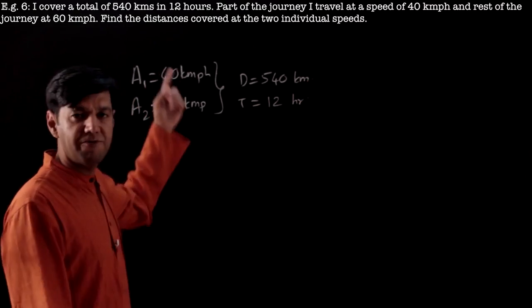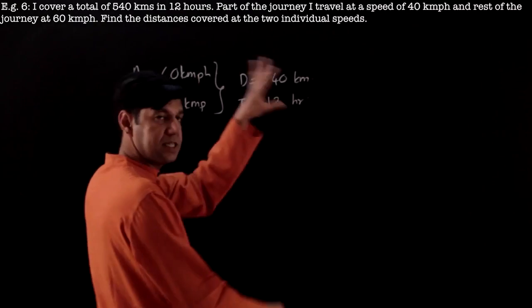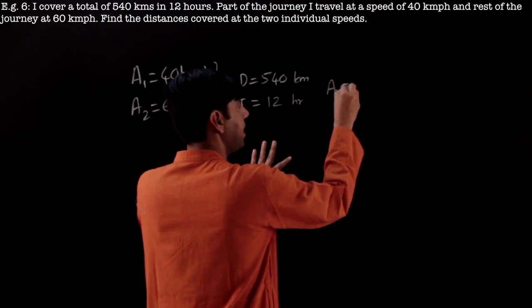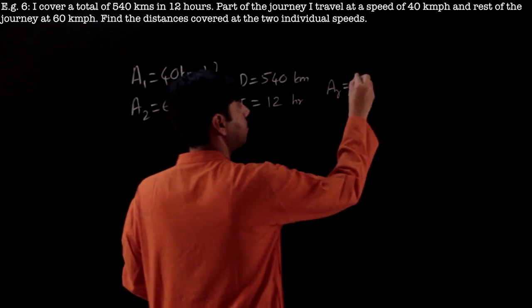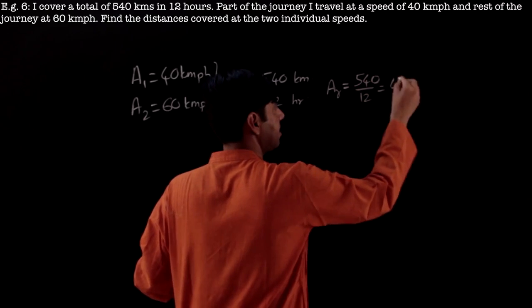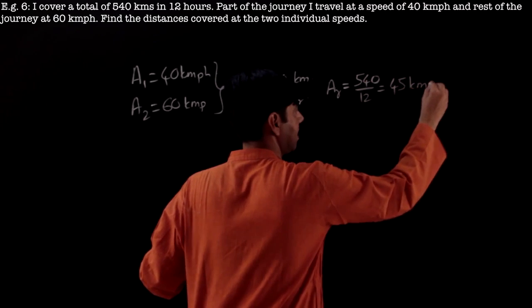Since A1 and A2 refer to speeds, I can consider overall also as speed. So the resultant speed, or the average speed, is going to be distance by time taken. 12 fours are 48, 60, 45 kilometers per hour.